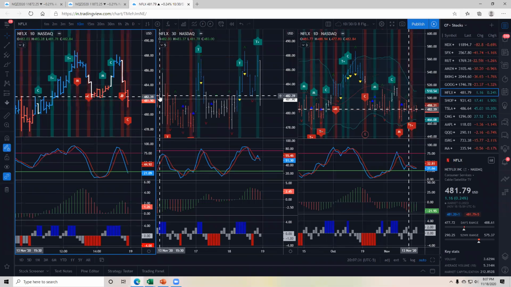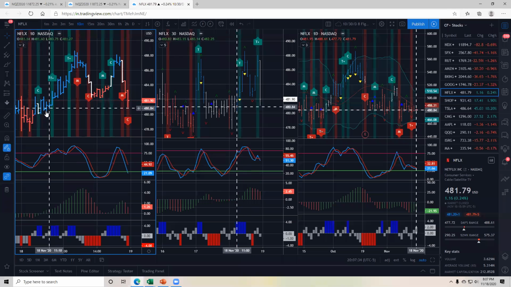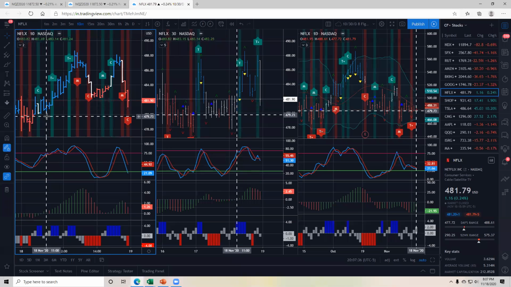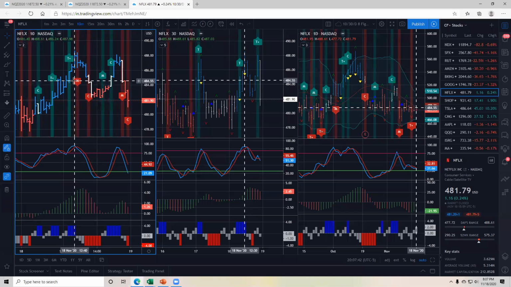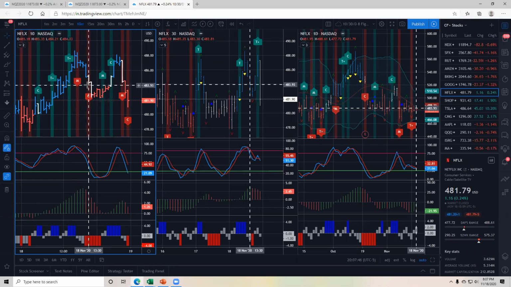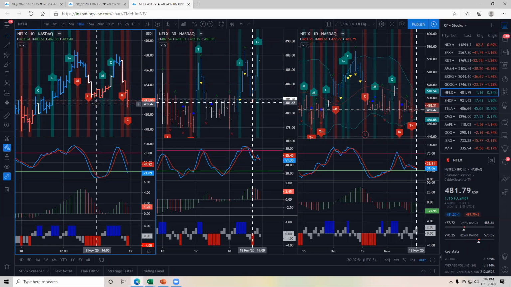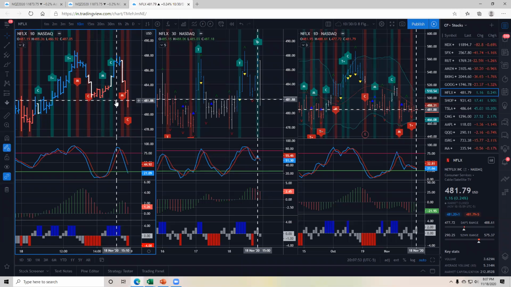Netflix, not something we track closely, but a lot of people in our trading community do. Here's an entry at 10:50 to go long. You're out of that. You missed a little bit of the peak, but we're never going to catch the highs and the lows. You're out of it here, not in anything here because it's neutral. Sideways movement here on a short move, and then possibly another move to go long.